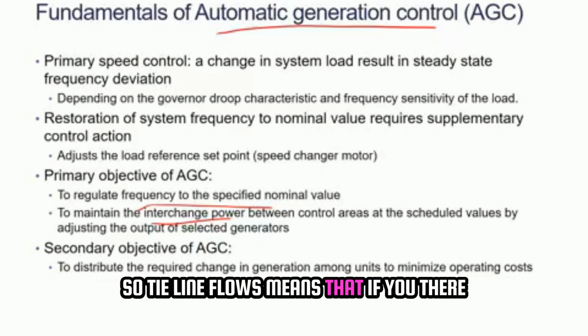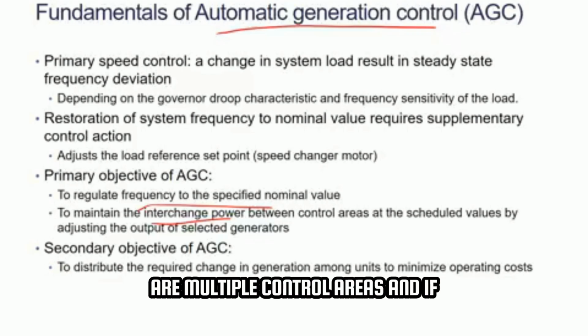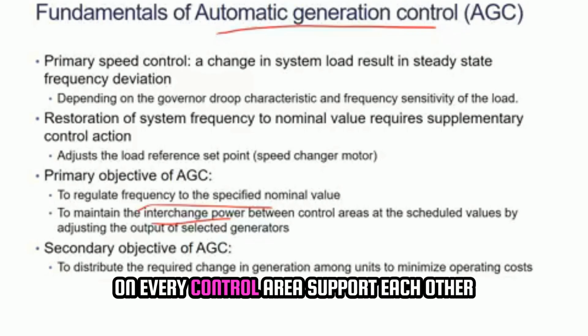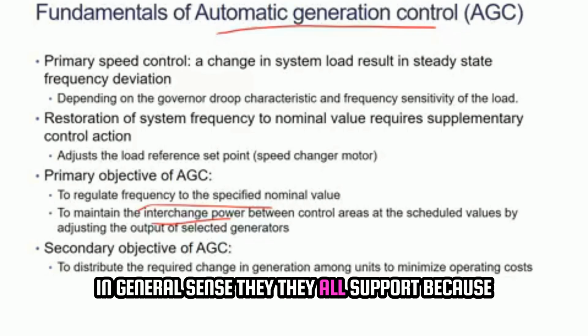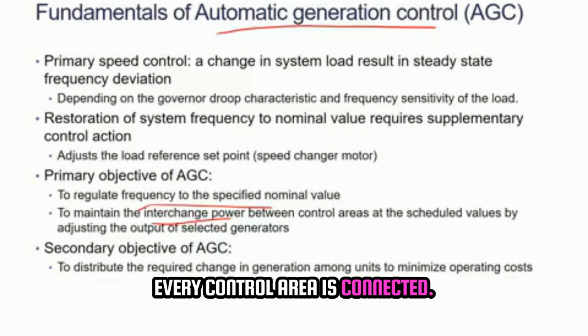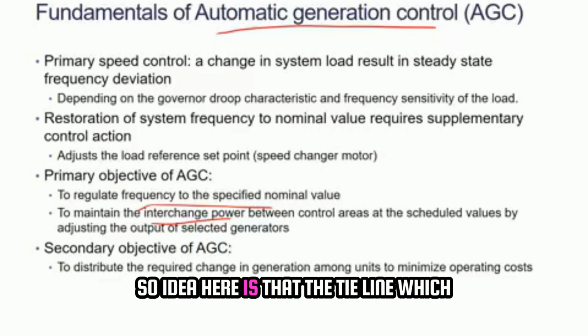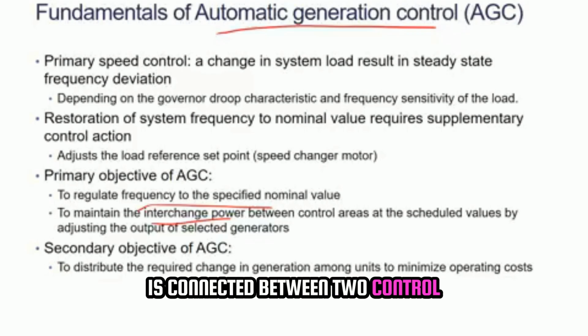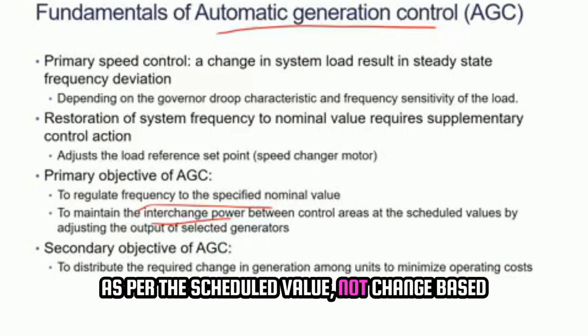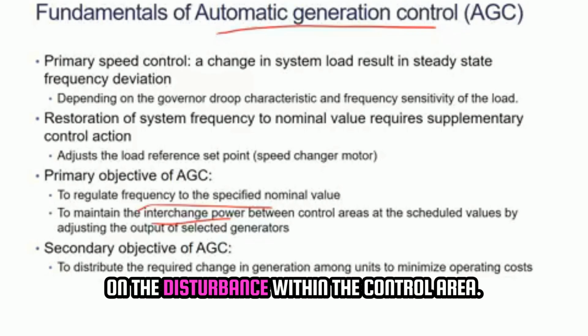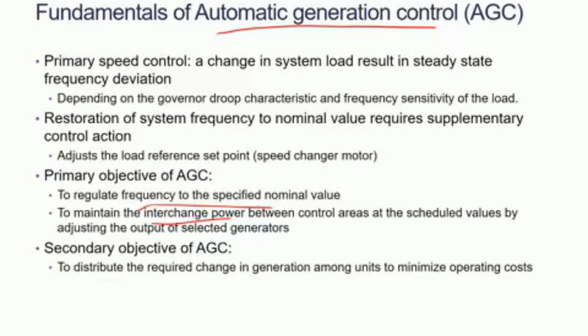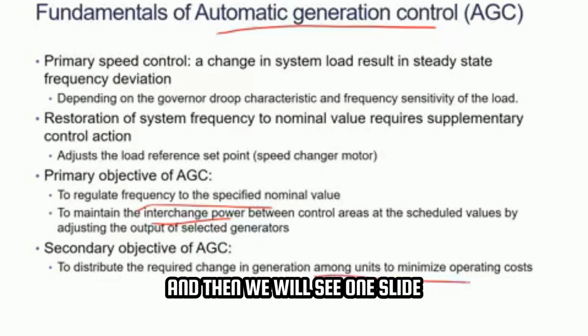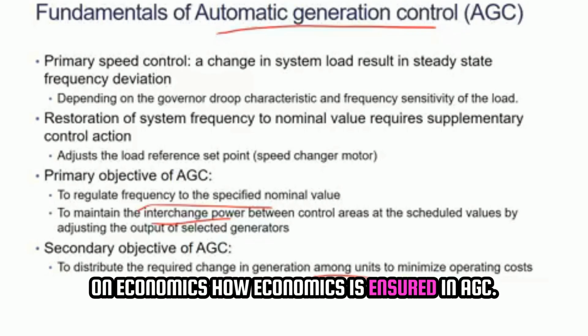Tie line flows means that if there are multiple control areas, they all support each other because every control area is connected, so power flows between control areas. The idea is that the power on the tie line connected between two control areas should remain as per the scheduled value, not change based on a disturbance within a control area. Then we will see one slide on economics, how economics is ensured in AGC.